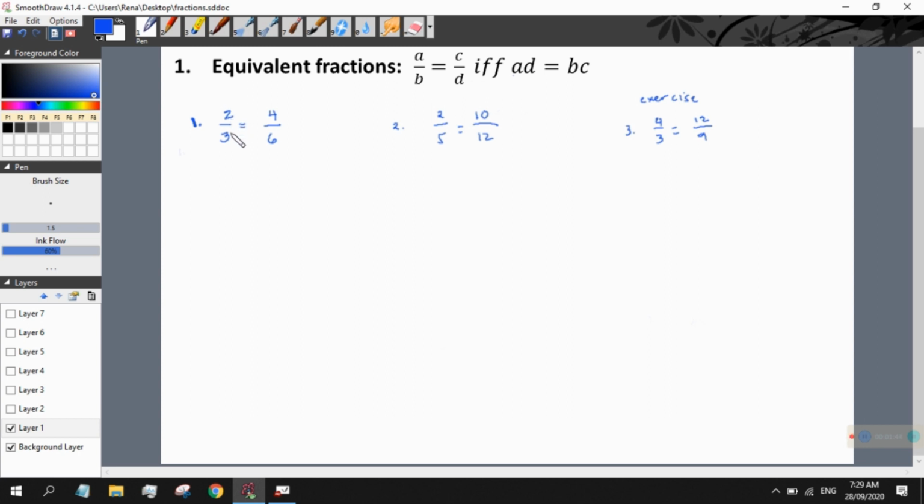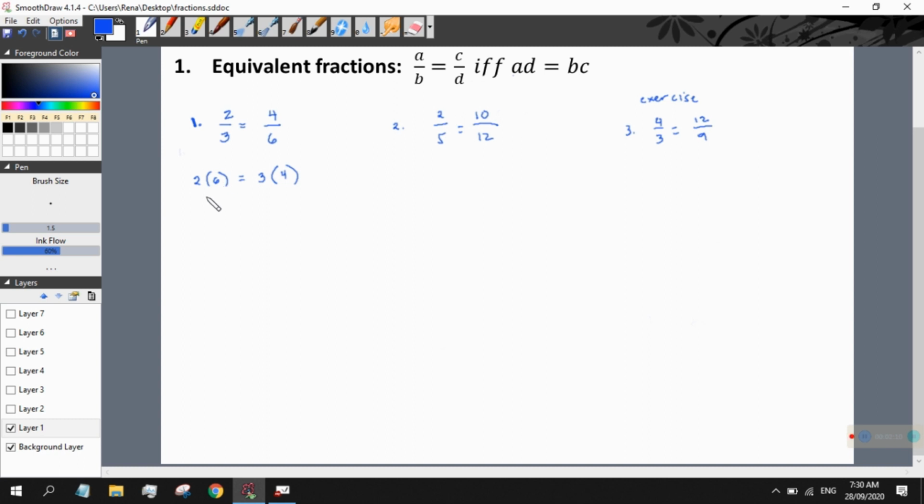Alright, let's start with number 1. To check whether these two fractions are equivalent, let's multiply the numerator of the first, which is 2, by the denominator of the second, which is 6. And then equate it with the denominator of the first, which is 3, times the numerator of the second, which is 4.